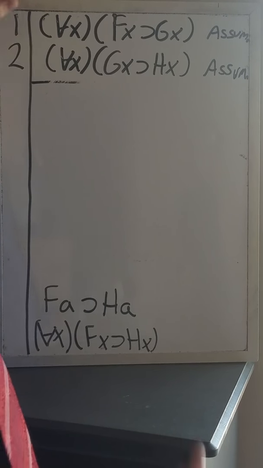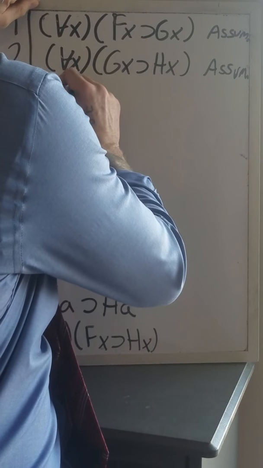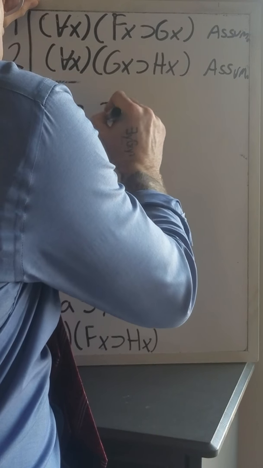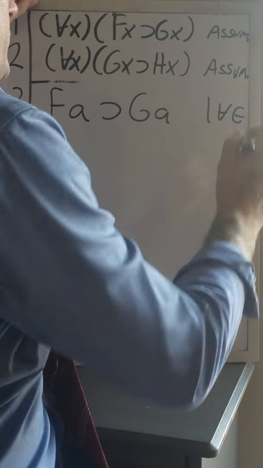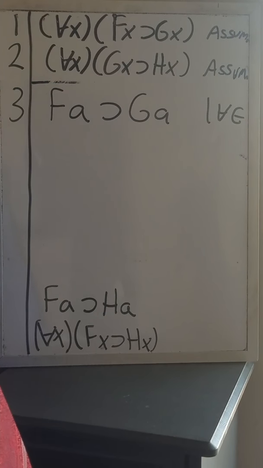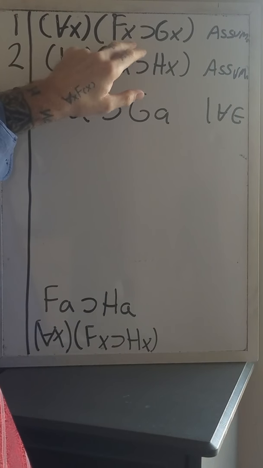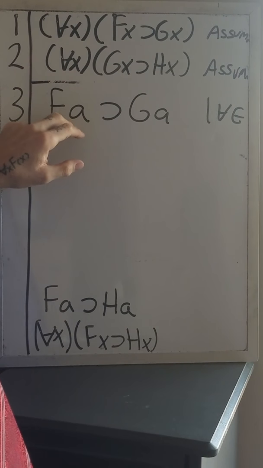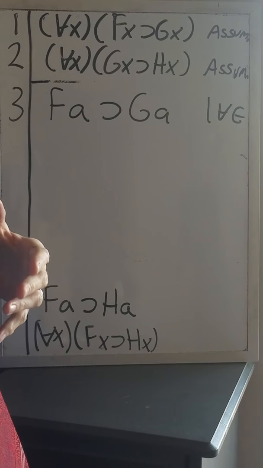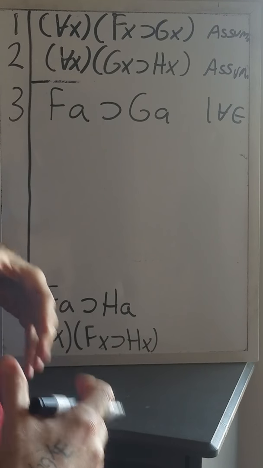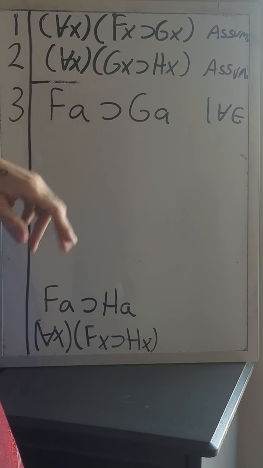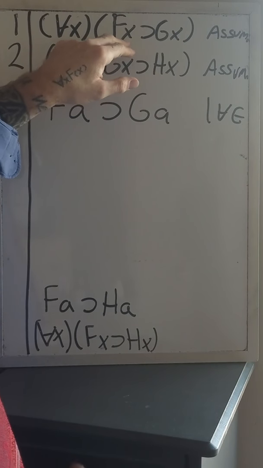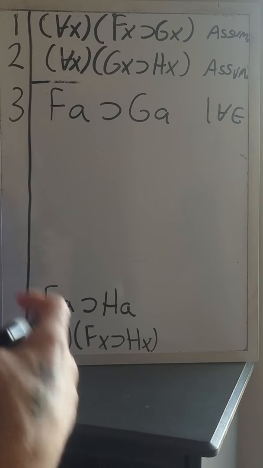Fortunately, universal elimination is a really easy rule to use. We just take the quantifier off and rewrite the formula, replacing the variable with a constant. And remember, constants are the letters from the start of the alphabet, like a, b, c, lowercase letters, and x, y, z, w, those are variables.